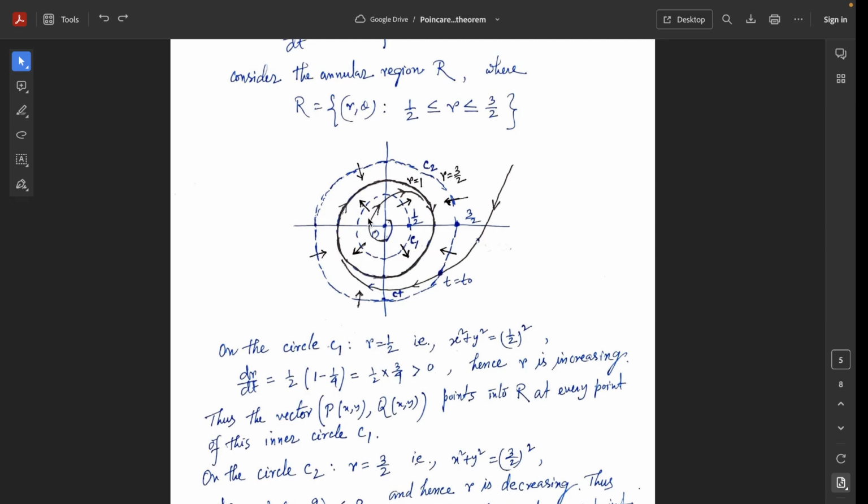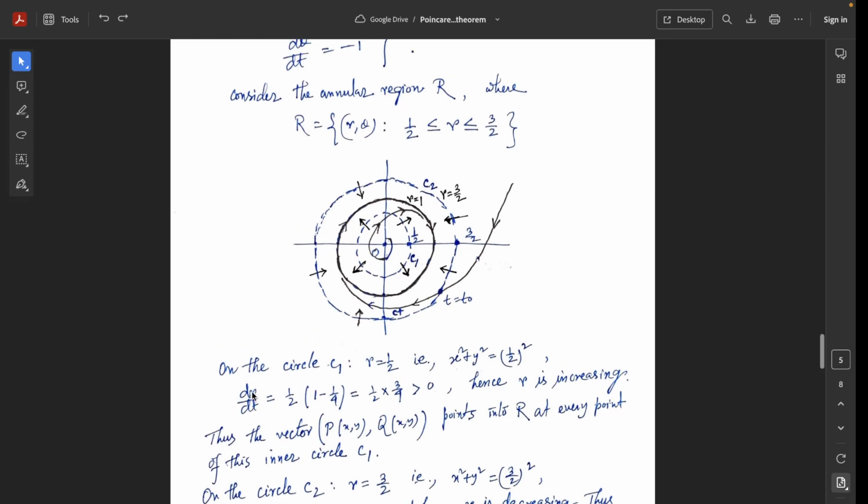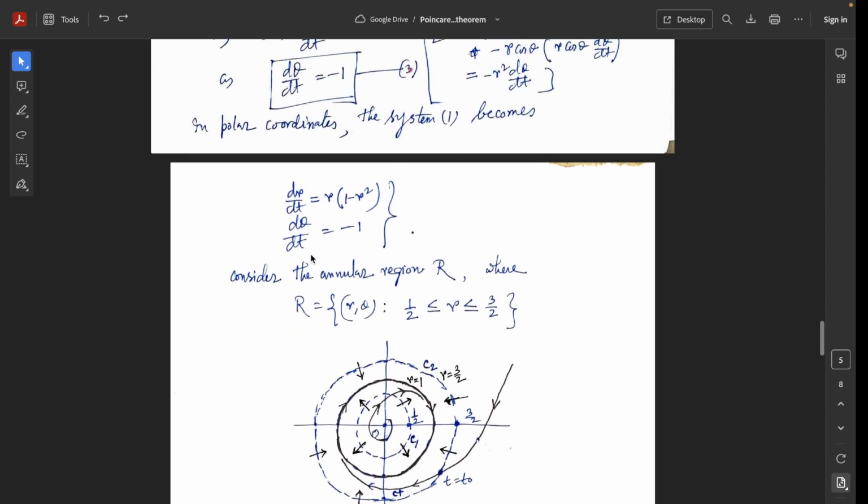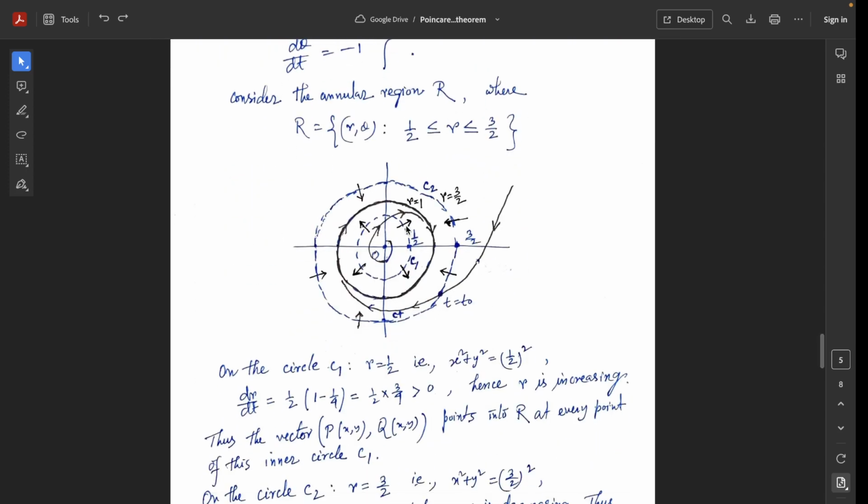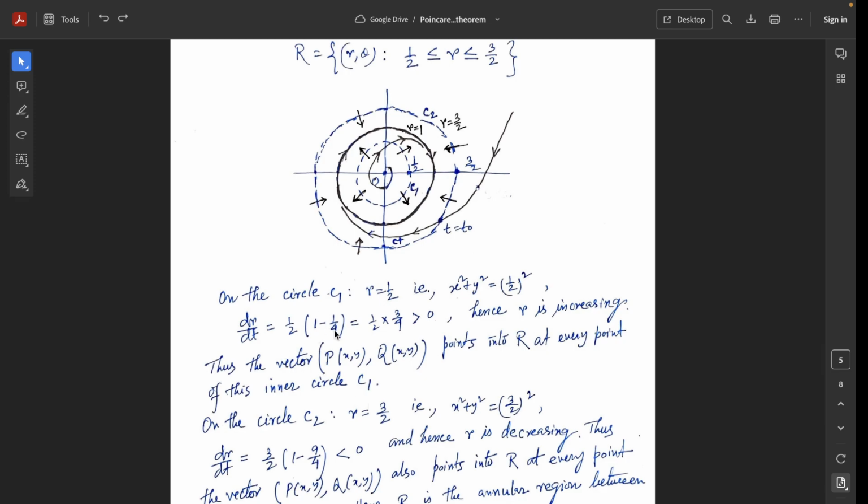On the circle C1, that is the inner dotted circle C1, r equal to half, that is x square plus y square equal to half square, dr/dt equal to r(1 minus r square). So on this circle, half into 1 minus 1 by 4 is greater than 0. Greater than 0 means r is increasing. dr/dt is positive, so r is increasing.